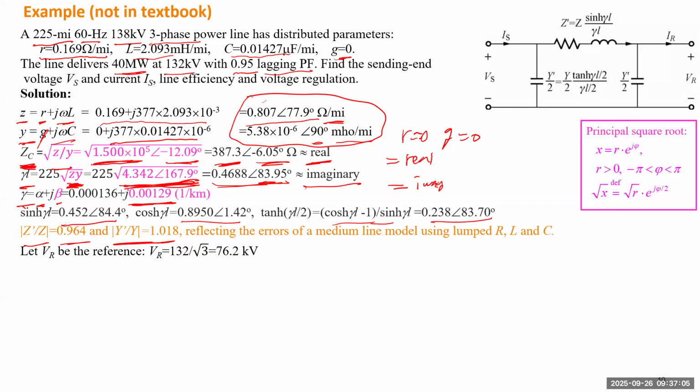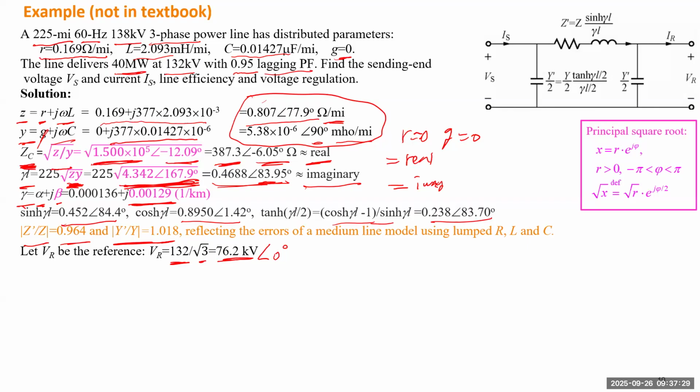Okay, so next, we want to calculate the phasors for voltage and current on the sending end, and we can use the receiving end voltage as the reference. We already know the line-to-line voltage, and dividing by √3 gives you the line-to-neutral voltage. We just treat this one as having zero angle.